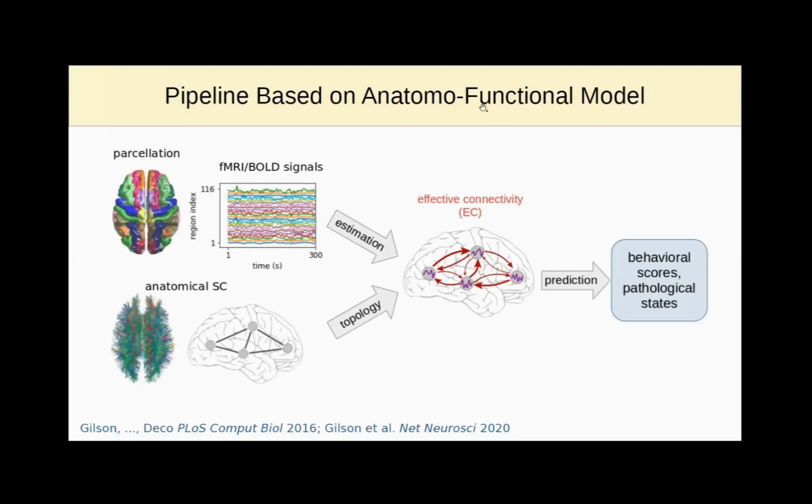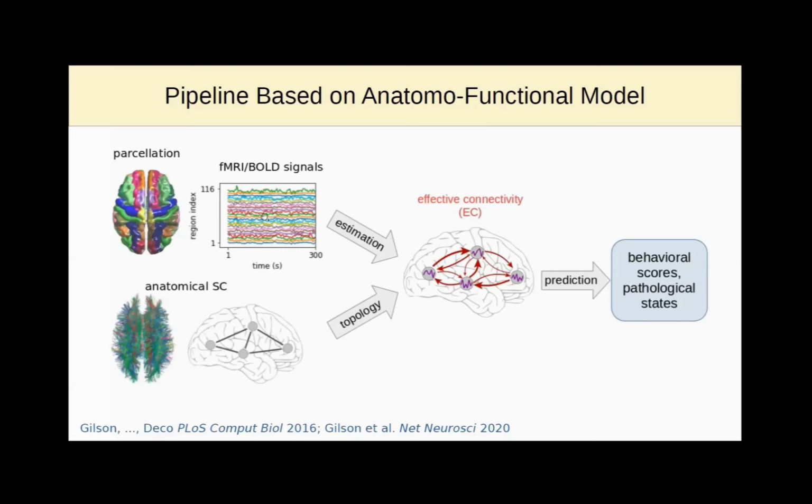And this effective connectivity is going to be the signature, so the value that we're going to use for the prediction of our behavioral scores or pathological states.